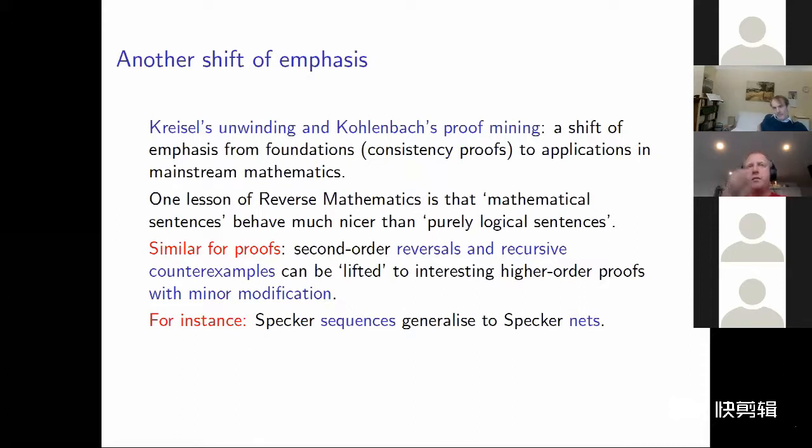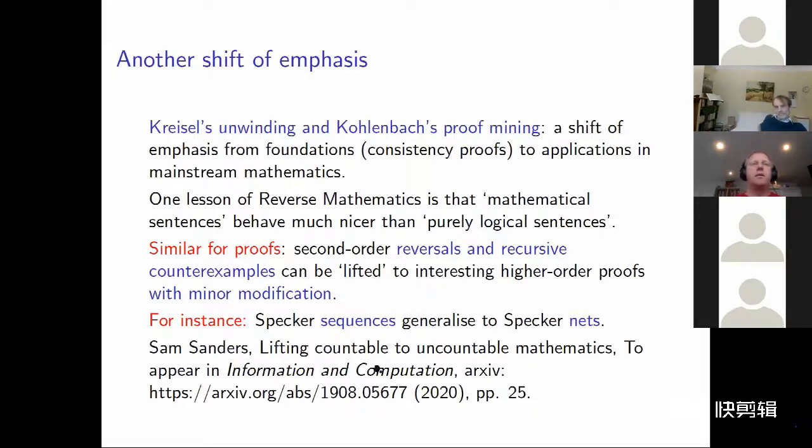They give rise to a recursive counterexample to sequential completeness, and there's a reversal in reverse math. With minor modification, you can lift these kinds of proofs and generalize this to Specker nets, nets being a generalization of sequences to index sets of arbitrary cardinality. You can find this on the arXiv too.